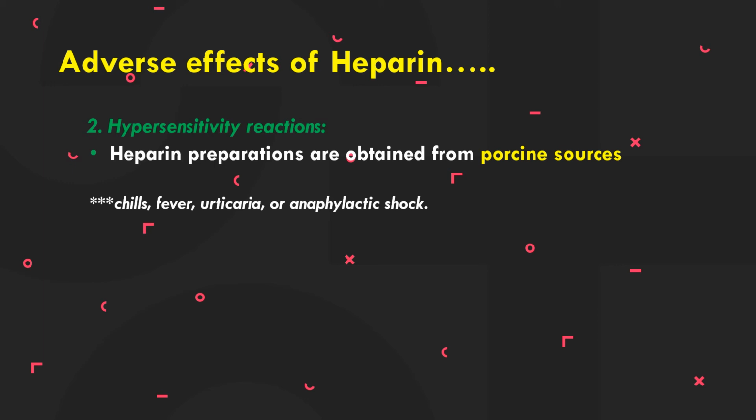For example, a bee sting, or some people get food allergies, like chicken for some, peanut for others, so you need to manage it. So if the patient goes into anaphylactic shock because of heparin, then you have to give epinephrine. And why does heparin cause anaphylactic shock, why is there an allergy? Because of the animal source.